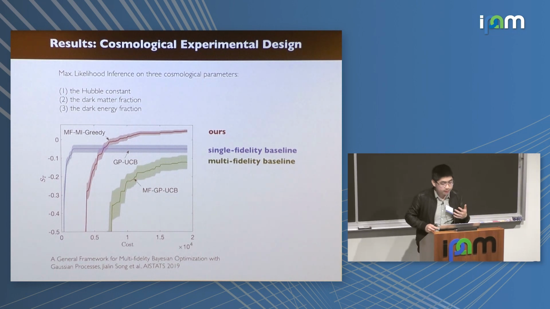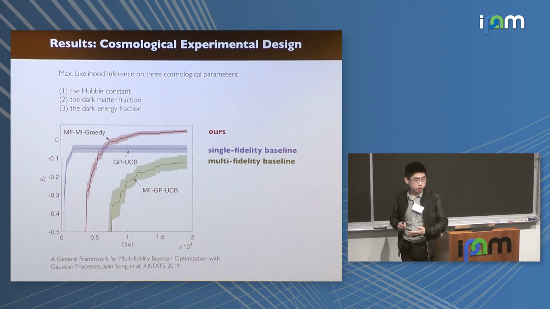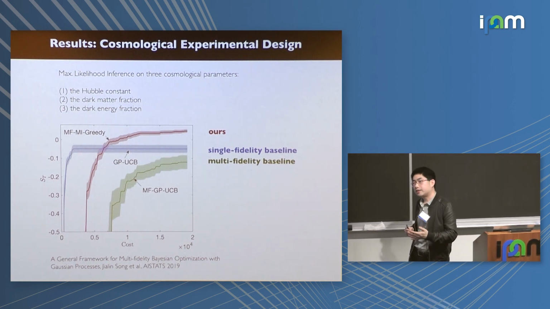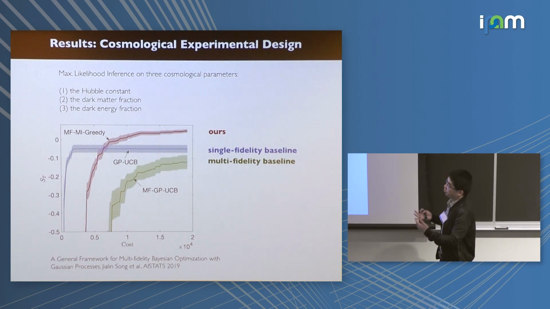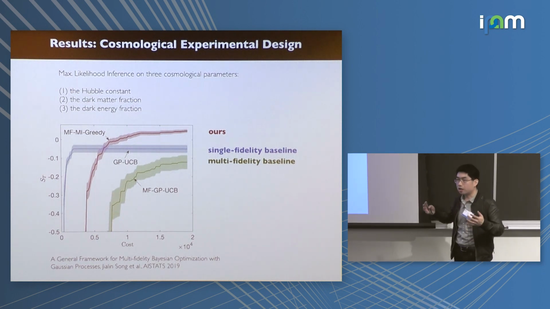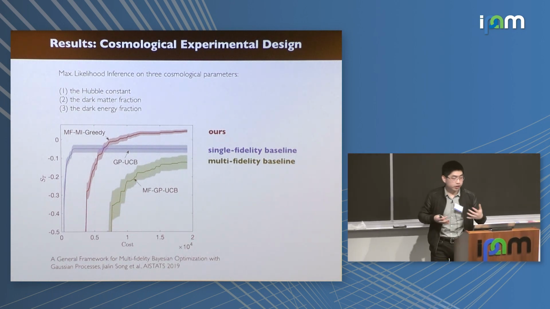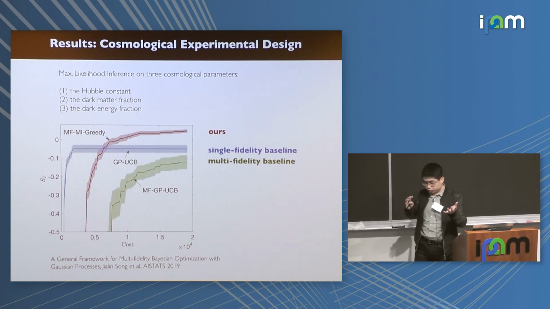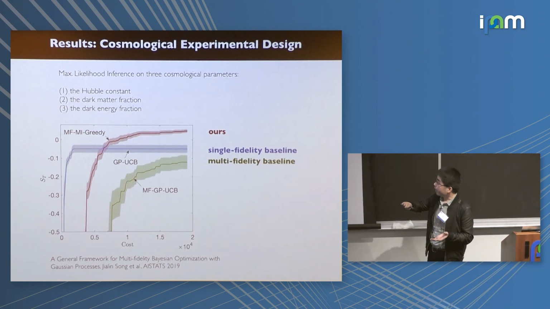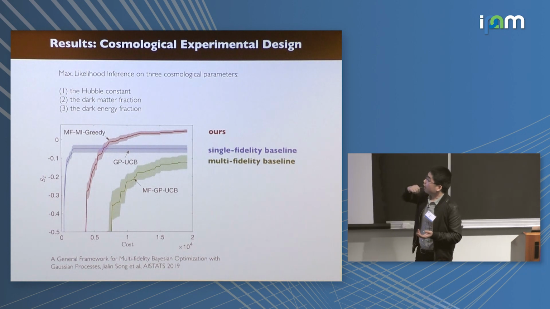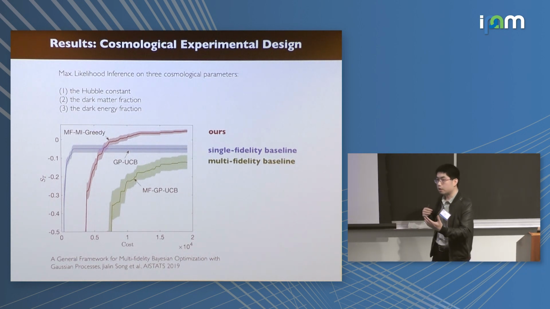So we apply the same technique to a toy example in the domain of cosmological experimental design, where we're trying to estimate the cosmological parameters based on some measurement of the universe. Imagine that we do this cosmological survey, we gather data about the redshift, the fractions of dark energy, and want to make sure that whatever analysis technique we're applying, in the end we're going to get to a cosmological parameter configuration which matches our heuristic about the universe.